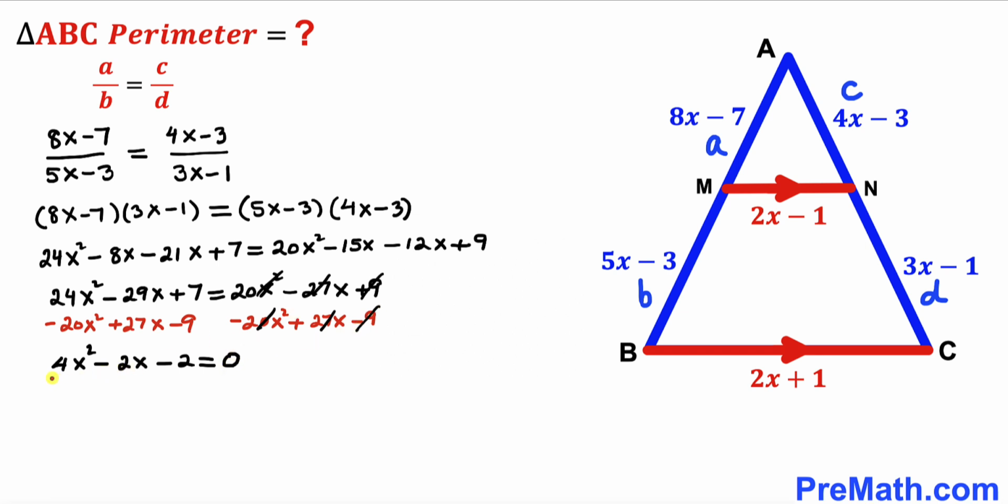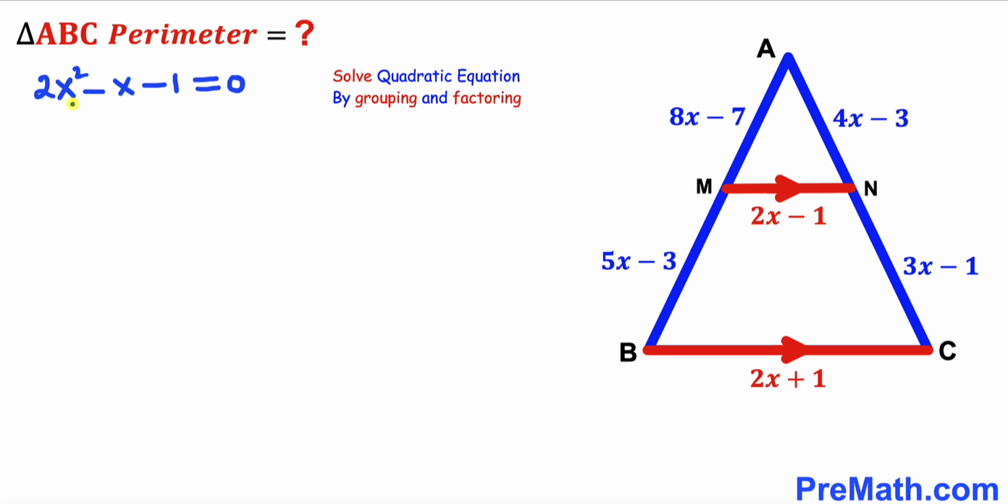Now I am going to divide every term by 2 to make our job simpler. That gives us 2x squared minus x minus 1 equals 0.